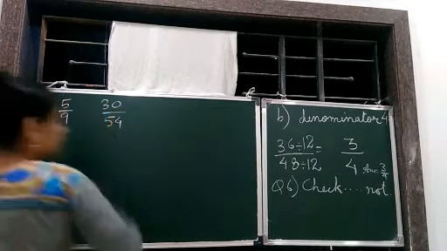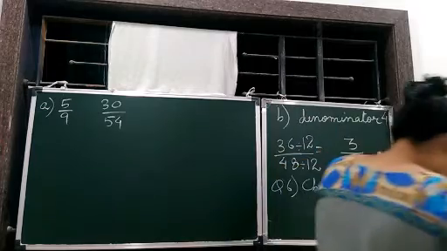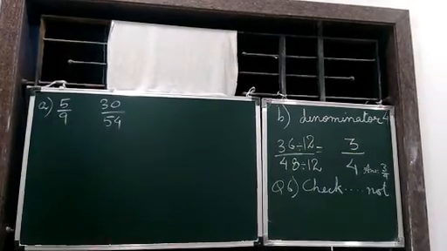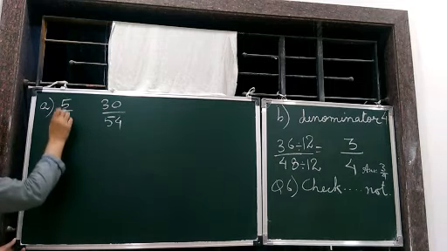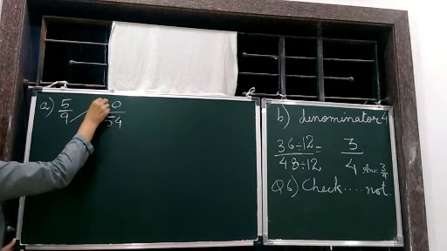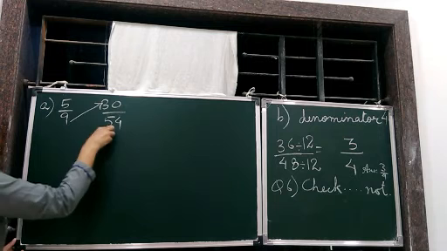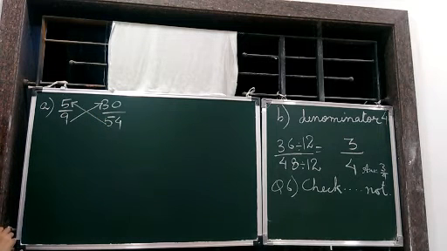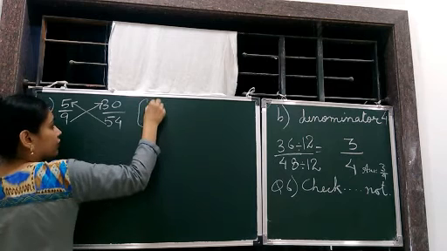So these are the two fractions. We have to check whether they are equivalent or not. Very simple, children. We have done this before also. Cross multiplication method. That means this denominator will be multiplied to 30 and this denominator will be multiplied to 5. Okay, so you can write here.